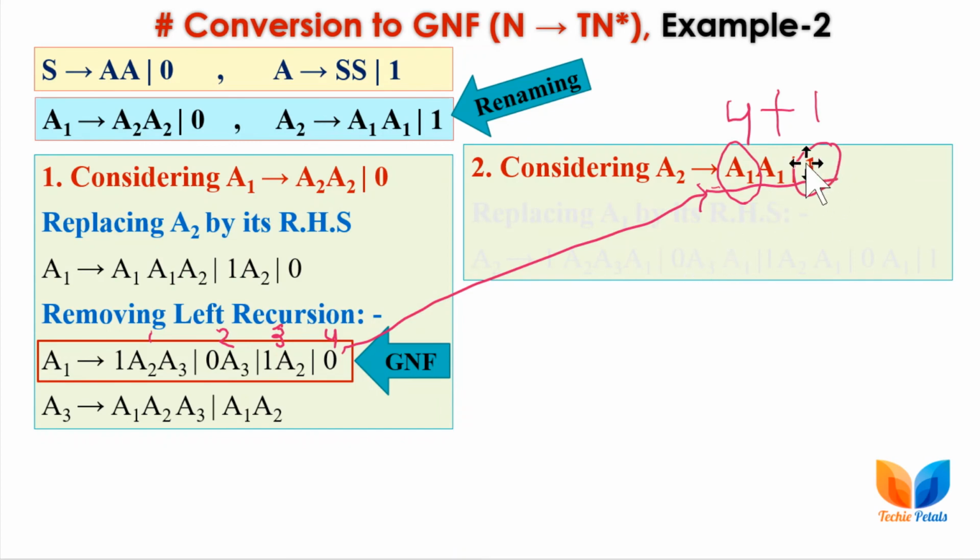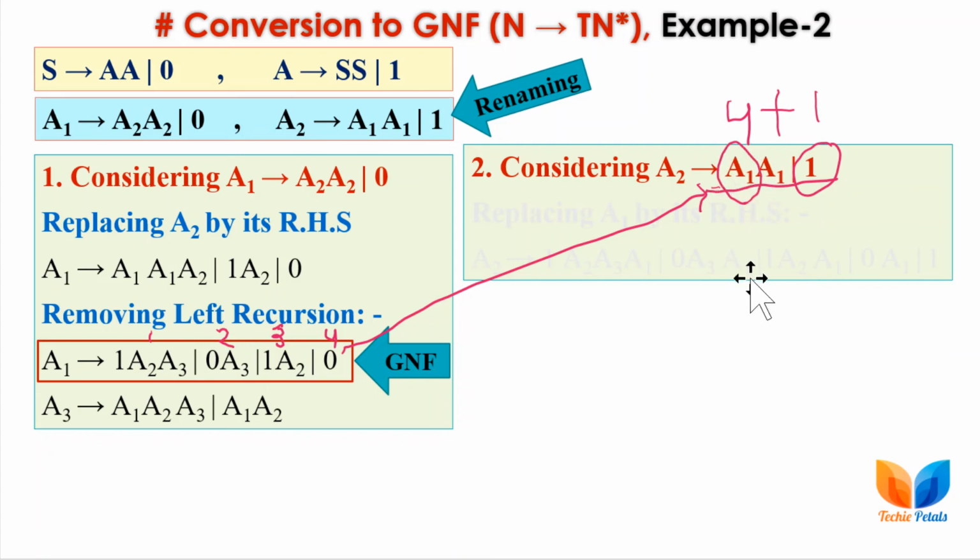After substituting A1 in place of the leftmost variable A1 here, we are not substituting for other A1s, because we need a terminal on the leftmost position, and we need to substitute only the leftmost variable. For the rest we only need a string of non-terminals, so we are not changing any other symbol, we are just substituting the first leftmost non-terminal.